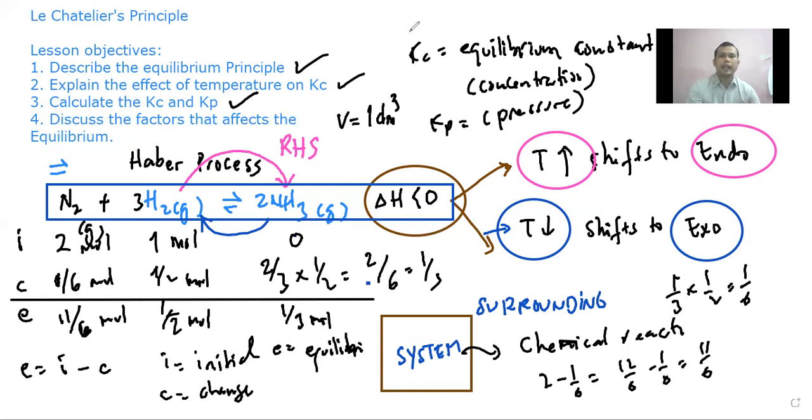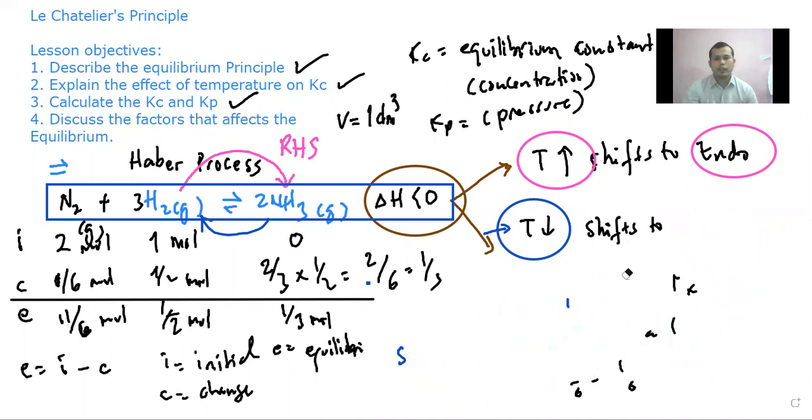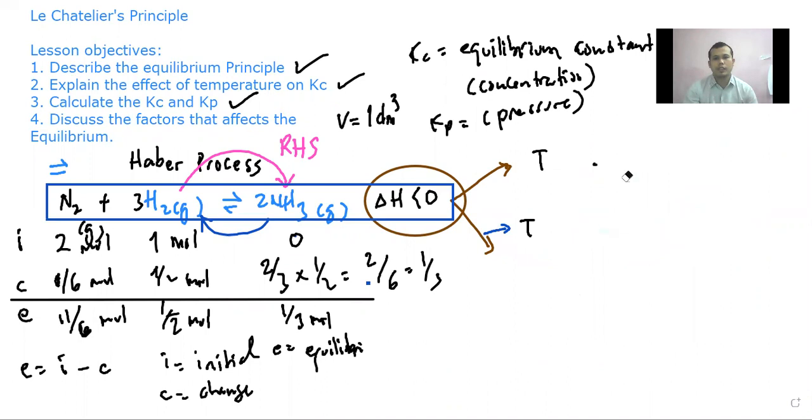Then, therefore, I can remove this. I think I need more space over here. In order to calculate the Kc, what I shall do is find the ratio. Kc for this one is the concentration of the product raised to the power of its coefficient, divided by the concentrations of the reactants raised to the power of their coefficients.